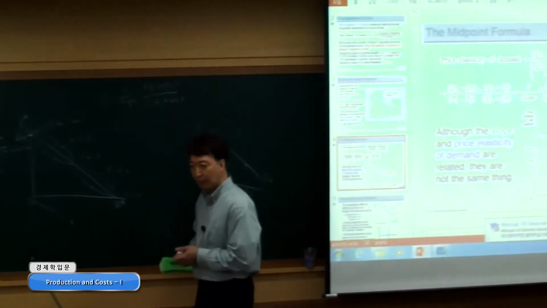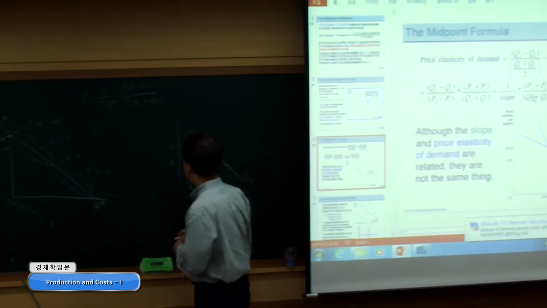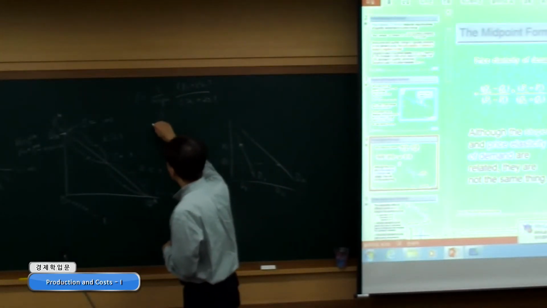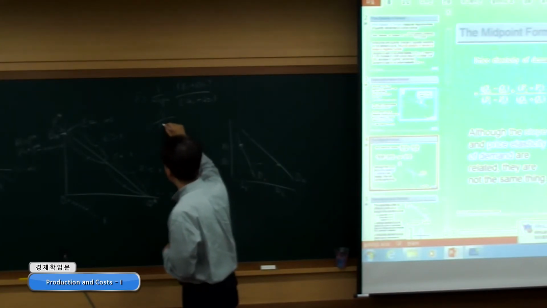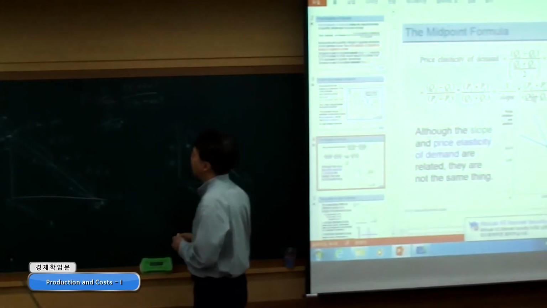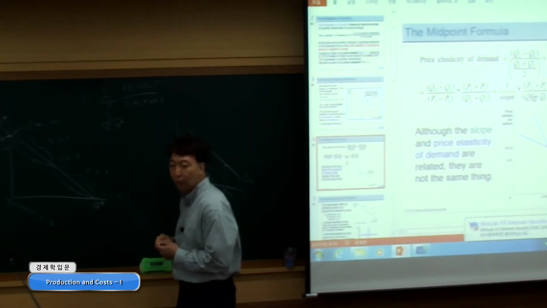Actually, that will be a negative amount, but anyway. So that's going to be 1 over P star times P1 plus P2.